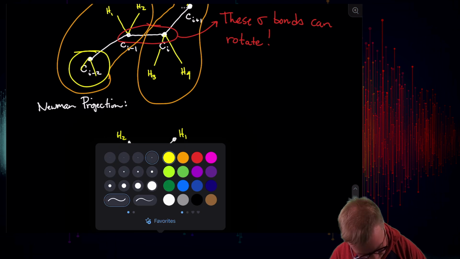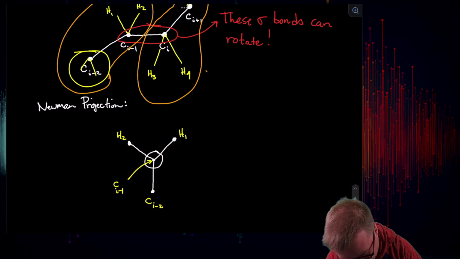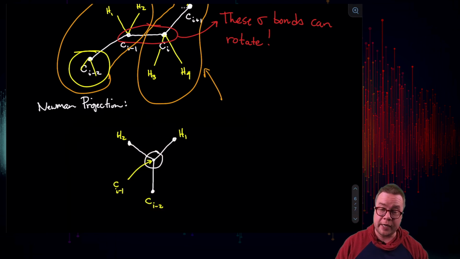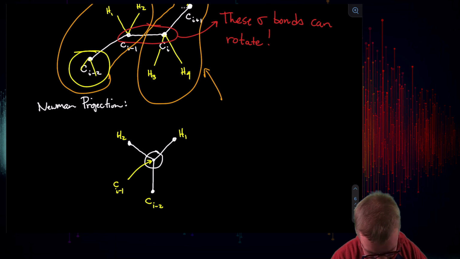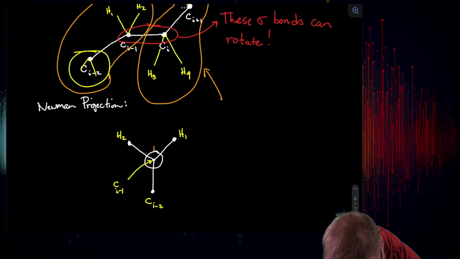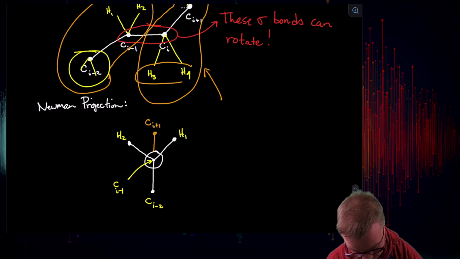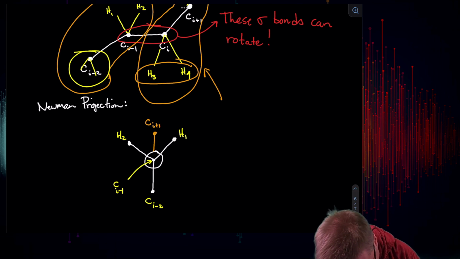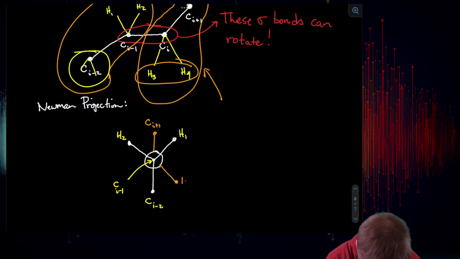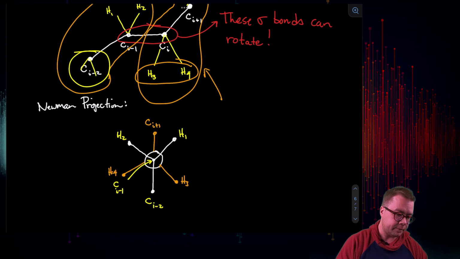And then in front, we can draw in what is going on over here. Coming off the top, we have carbon I+1. And then down to the sides, right there are the hydrogens, hydrogen 3 and hydrogen 4.